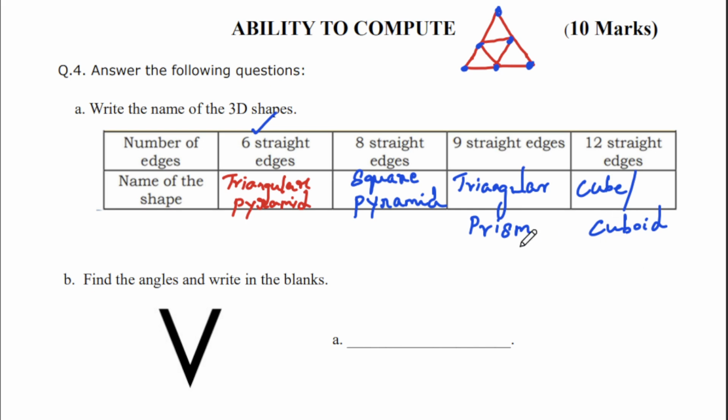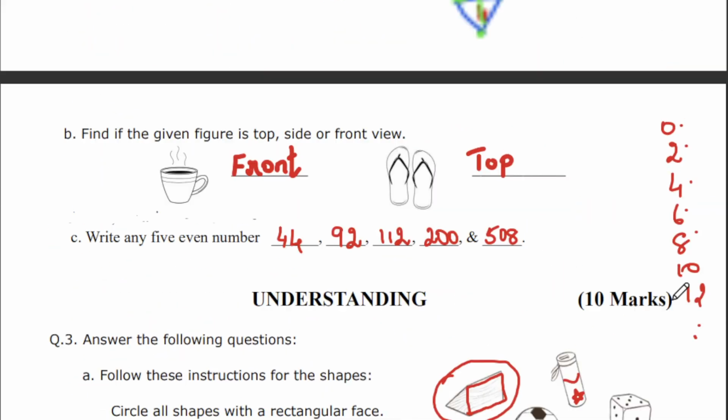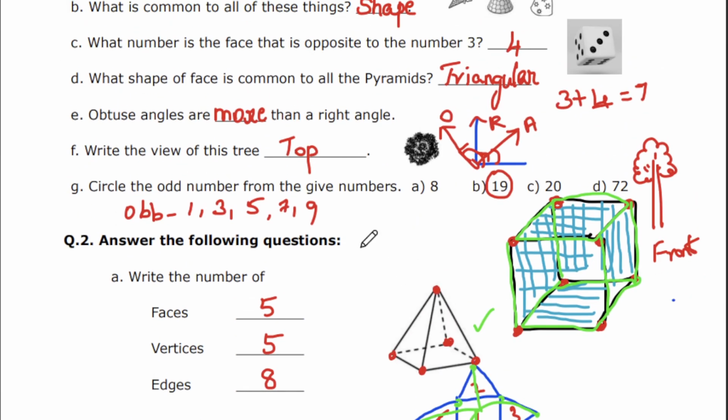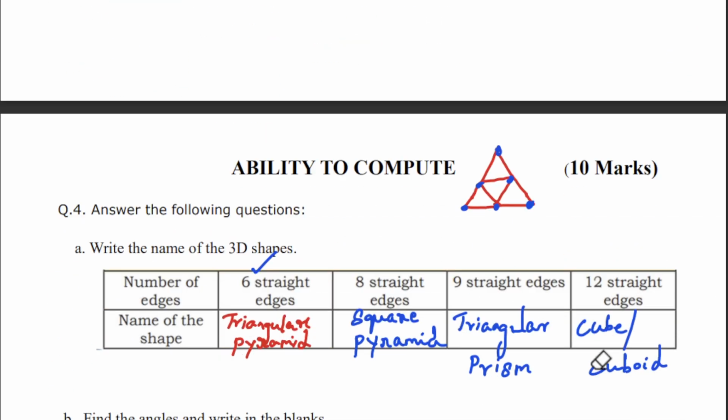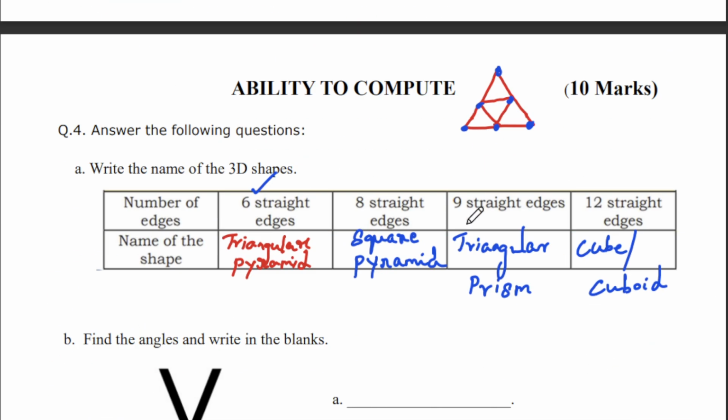Let me draw the cube first. A cube and cuboid we already saw here, right? Okay, I'll erase. Okay, I'll draw for you, students. Maybe I'll take a small cube.